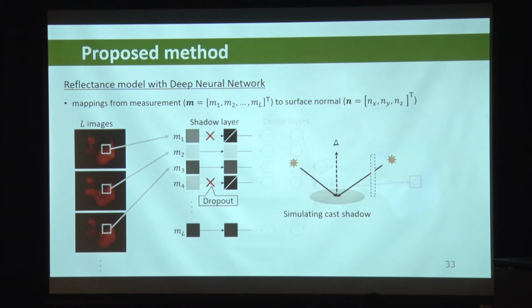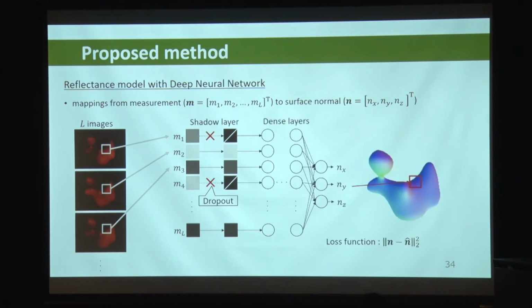So this is somehow consistent with the dropout property. By adding them together with the dropout and the dense layers, and the loss function is also quite simple. Because it's the first paper, this is simply the MSE difference.